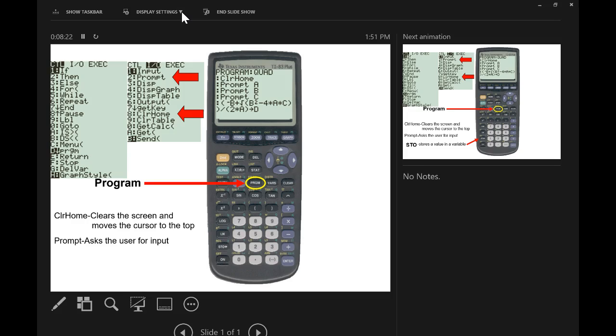How do you get the line then? How do you get the arrow to point at B? So the question Nick asked is, how do I get this arrow? I'm going to press the STO button, which is located right there.